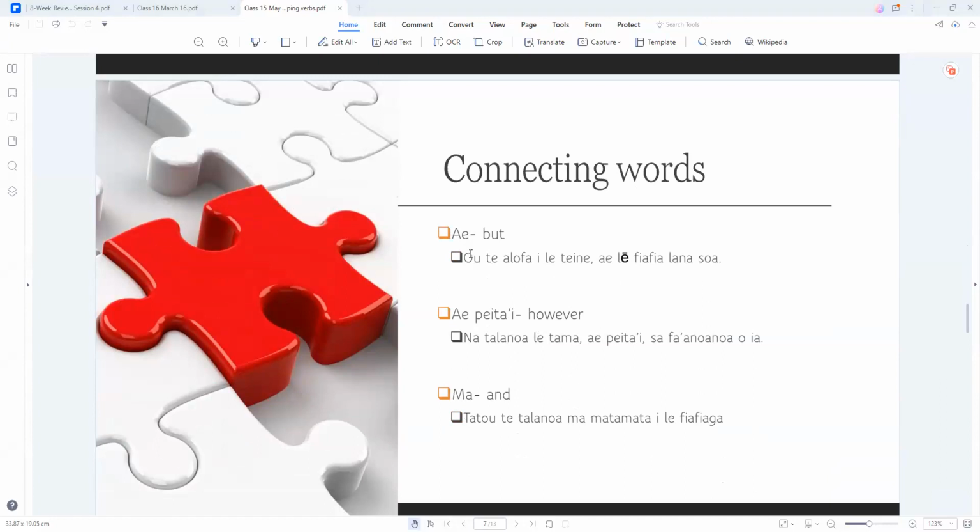"I". So this just means "but". So we're connecting one whole sentence, one whole phrase, one whole thought with another one with the word "but". So for example, "O te alofa i le teine, ae le fia la soa." Anybody know what this means? So again, we're taking two sentences and we're just connecting them with "but".